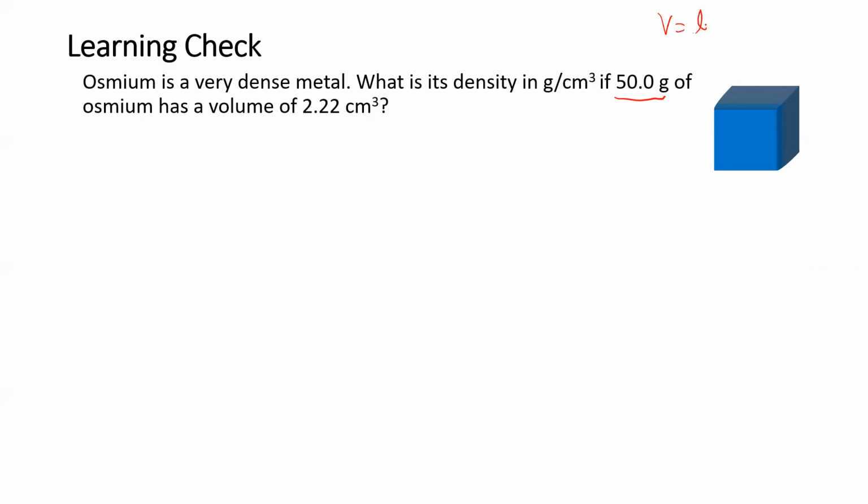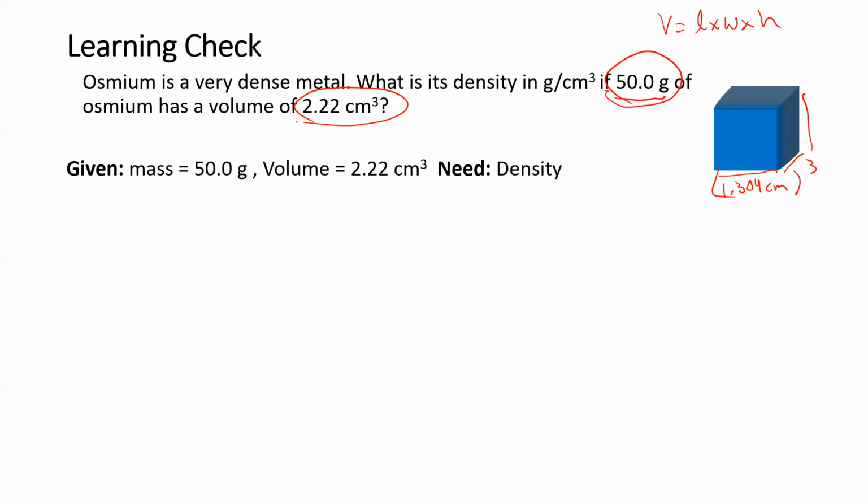We know volume is length times width times height, and we can measure the length, the width, and the height of this. Now to get 2.22 centimeters cubed, it would be something like 1.304 centimeters, and we would have to cube that, and we would roughly get the 2.22 centimeters cubed. But let's say we did that. So now we have a mass, and now we have a volume. All we need to do is DMV, right?